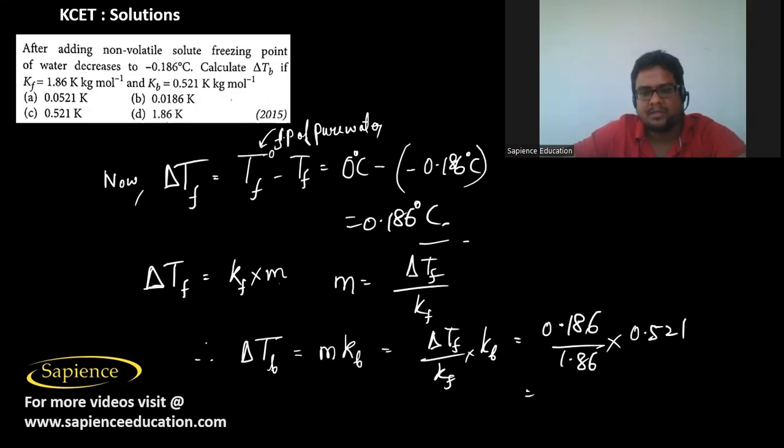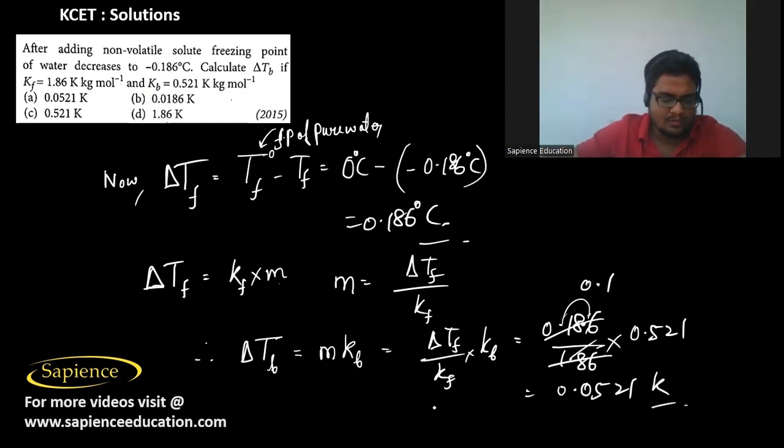This we can shift here, and this we can remove. So it will come 0.1, and this will come 0.0521 Kelvin. So option A is the correct answer.